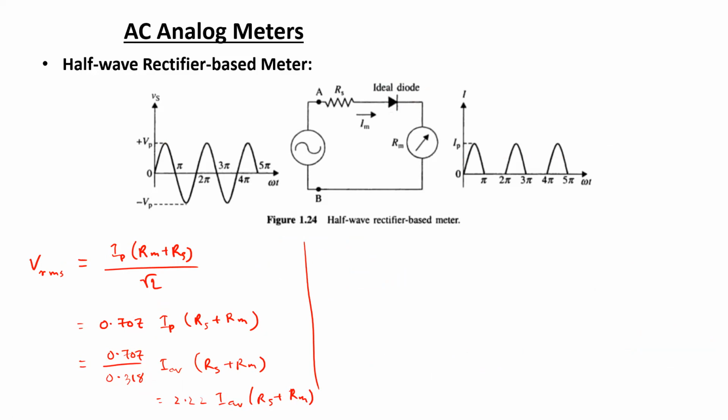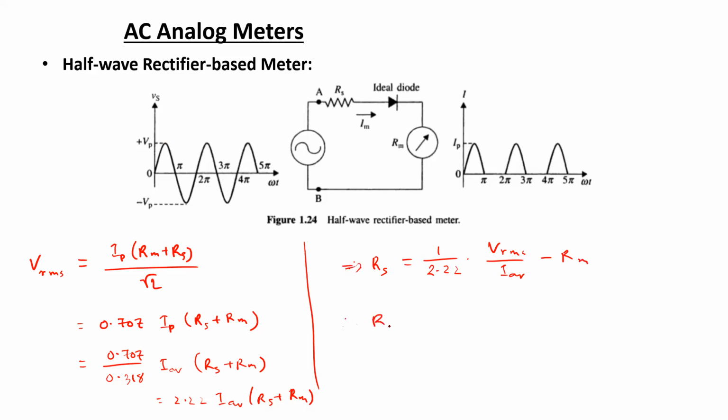And from here, we can write an expression for Rs, the multiplier resistor, which would be equal to 1 by 2.22 into Vrms by I average minus Rm.